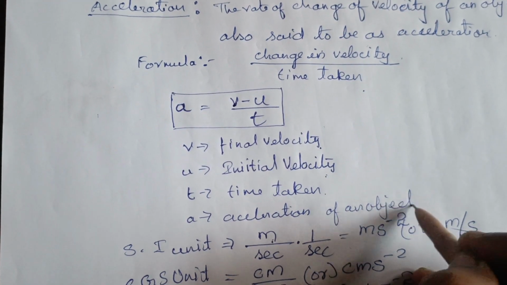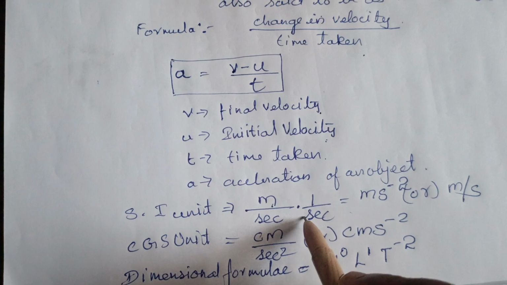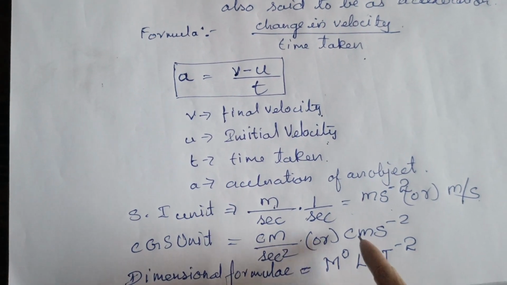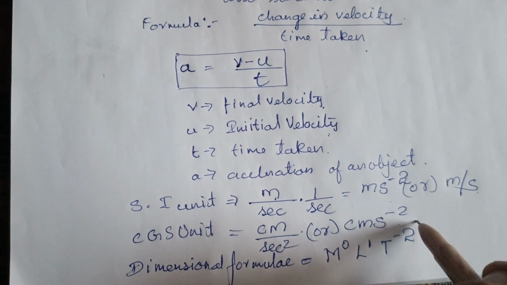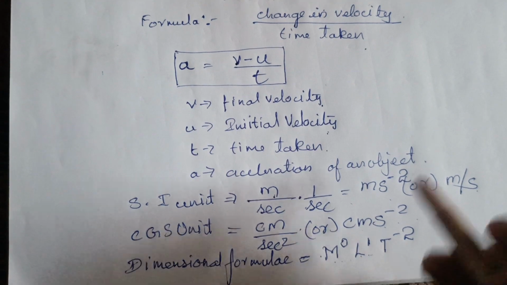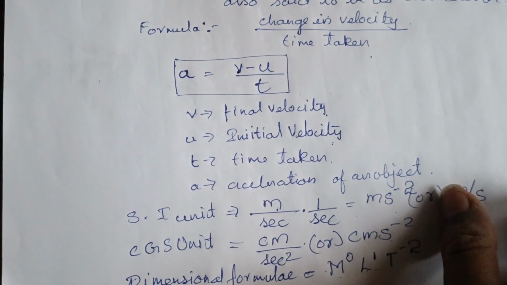SI unit is m s power minus 2, CGS unit is cm s power minus 2, and the dimensional formula is M power 0, L power 1, T power minus 2.